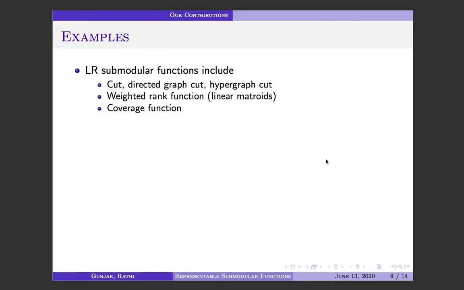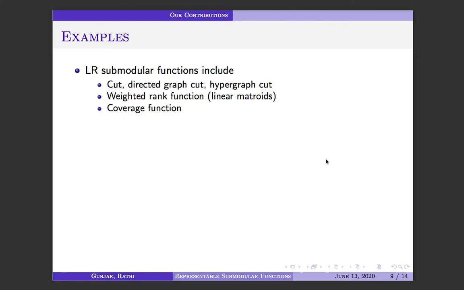So what all is captured by linearly representable submodular functions? It turns out that most submodular functions which come from graph optimization problems are linearly representable. So for example, the cut function, the directed graph cut function, and the hypergraph cut functions are all linearly representable. Then there is something called a weighted rank function for linear matroids that also turns out to be linearly representable.